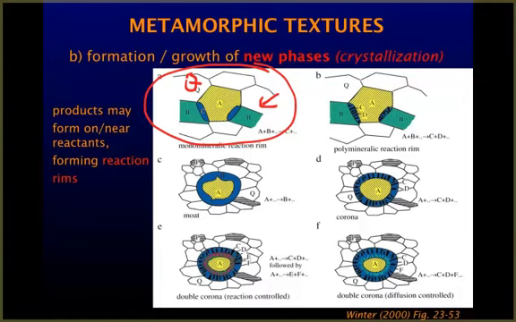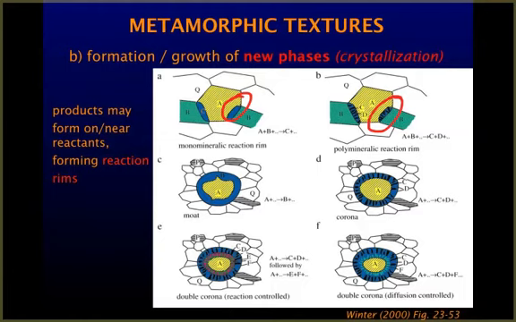And then a growth of a new mineral at the interface between mineral A and mineral B. So there's a reaction taking place and a new mineral growing out of that reaction. It could also be two minerals growing in place of A and B, where you're getting just a more complex reaction rim.